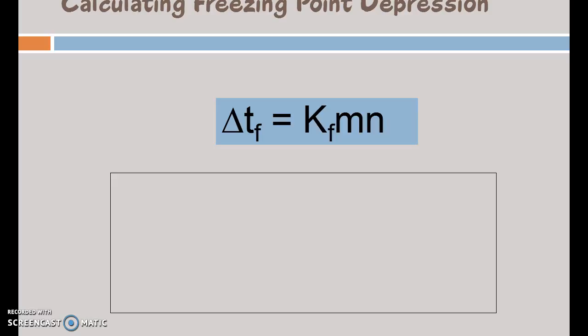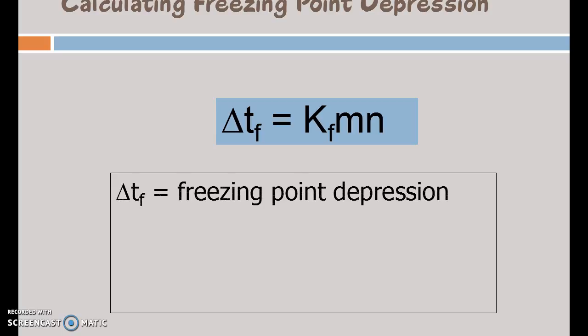So we use a delta T subscript F, okay? So that is the change in the freezing temperature is equal to Kf, which is our constant, times molality, which is the lowercase m, times n, which stands for the number of moles. In most cases, it will be 1. In many cases, it will be 2 or 3.